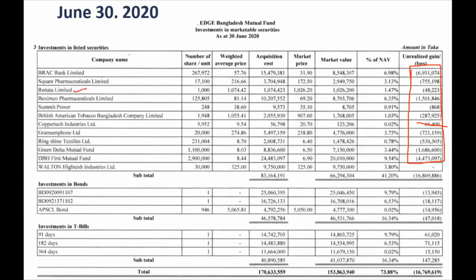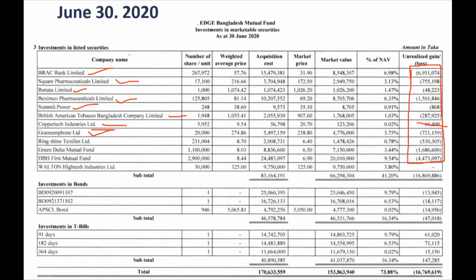This is a pharmaceutical company, this is a pharmaceutical company, this is a pharmaceutical company, and this is a bank, and this is a food and allied company, this is power, this is telecommunication, and this one is related to technology, but also related to textile.